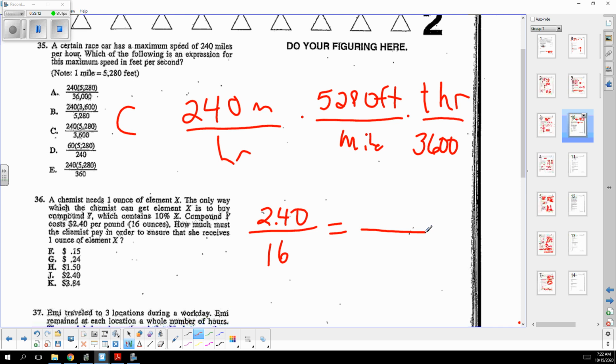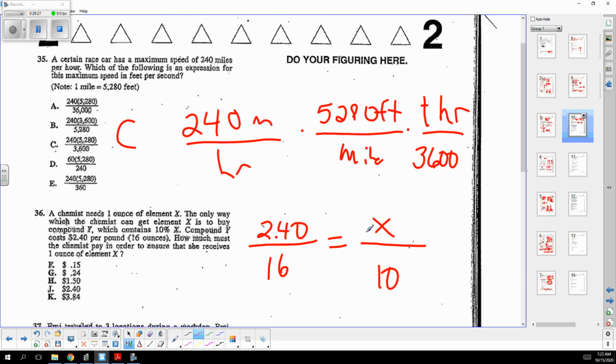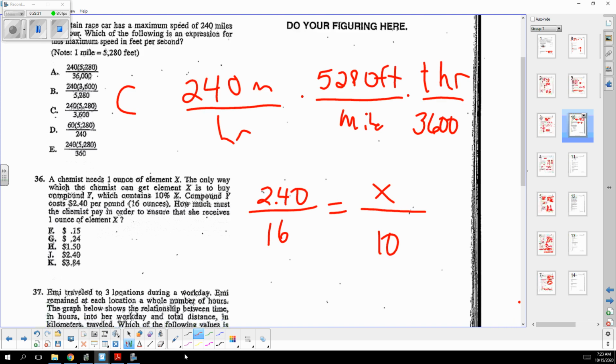And here's the trick: if it's 10%, he needs to buy 10 ounces, because if he buys 10 ounces, he'll get 1 of the compound. So it's 240 is to 16 as X is to 10. And it'll certainly come out when you cross multiply.